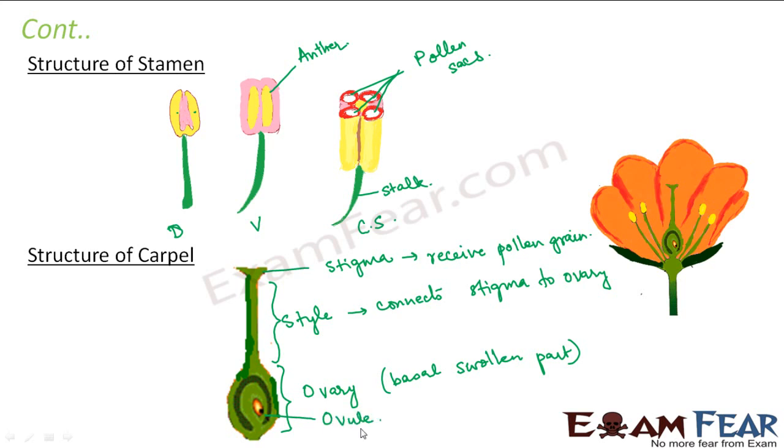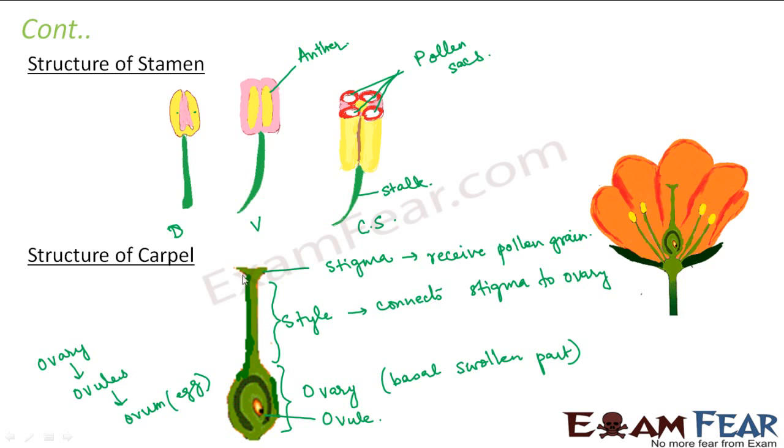So inside ovary, many ovules can be present, and inside each ovule, one female gamete is present, which is known as ovum or egg.